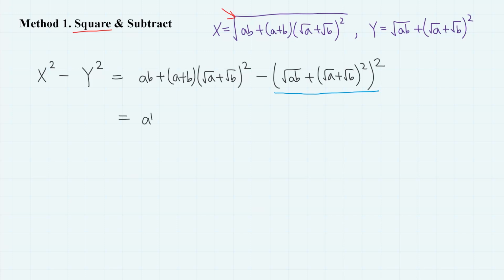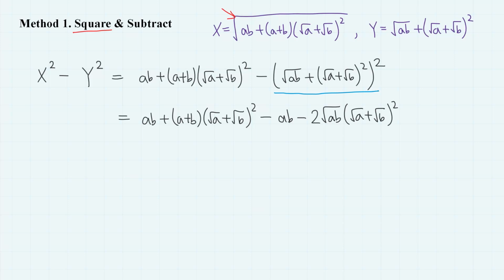Then we have ab plus (a plus b) times (square root of a plus square root of b) squared, minus ab, minus 2 square root of ab times (square root of a plus square root of b) squared, and minus (square root of a plus square root of b) now raised to the fourth power. Notice that ab cancels out.